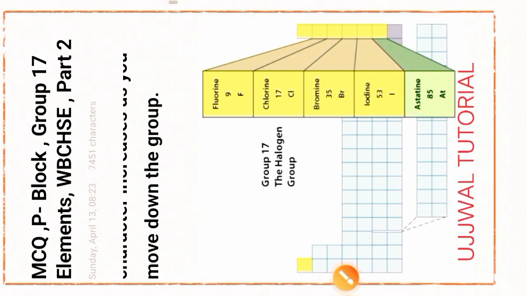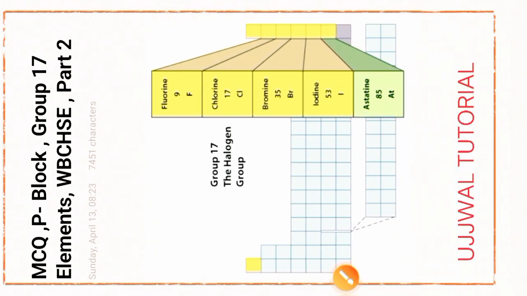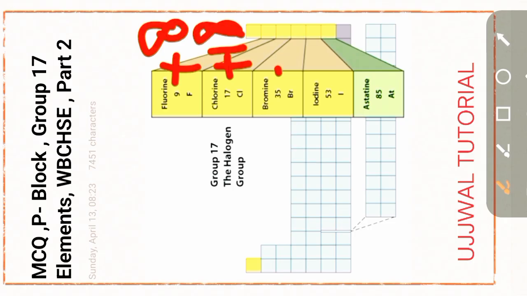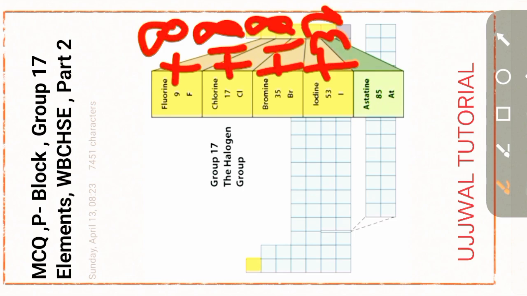At first, fluorine is 9, plus 8 gives chlorine 17. 17 plus 18, atomic number of bromine is 35. 35 plus 18, atomic number of iodine is 53. 53 plus 32, atomic number of astatine is 85.